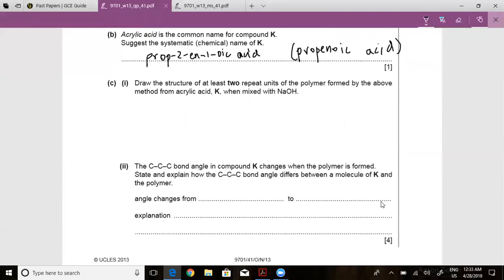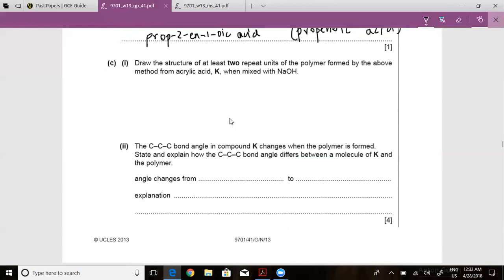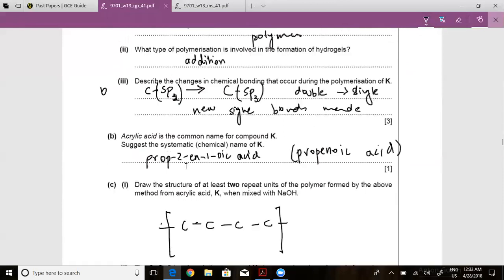Draw the structure of at least 2 repeat units of the polymer in a wedge. So for addition polymerization, just draw 2 repeat units. You get C, the bar. This is 2 repeat units.